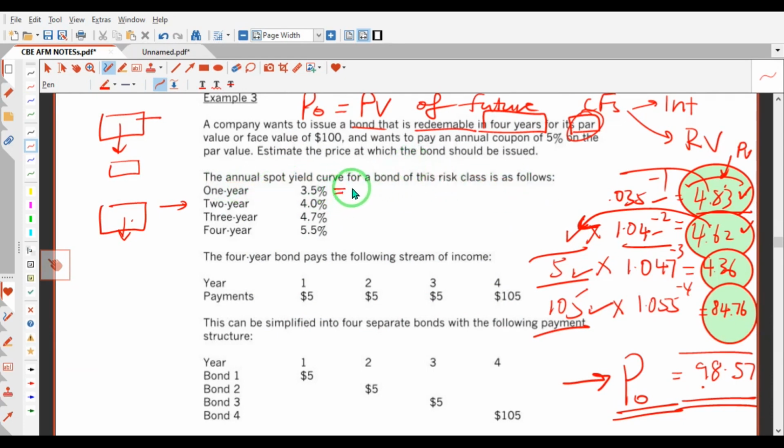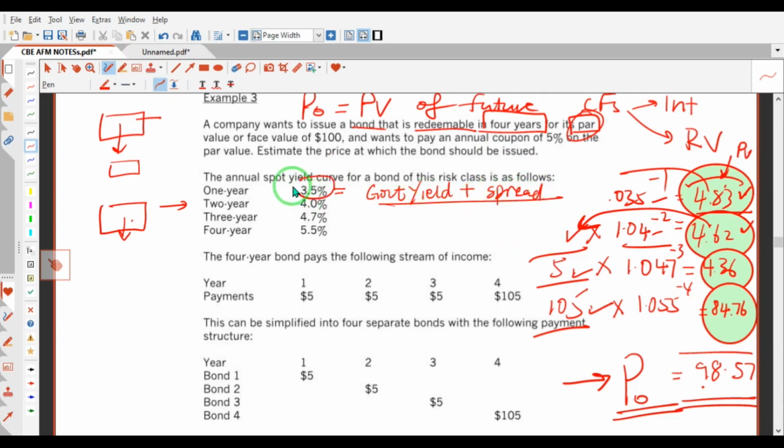Usually this 3.5 will be obtained by looking at the government yield curve, and we're going to add the credit risk spread, which is a couple of basis points based on the credit ratings of the organization. So that's what we're going to do, plus spread.